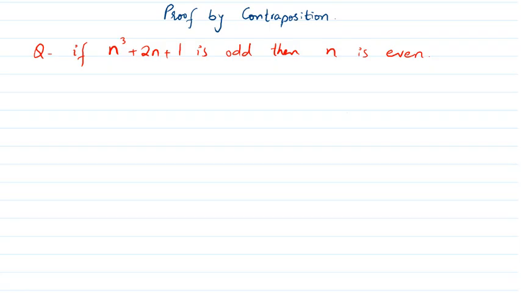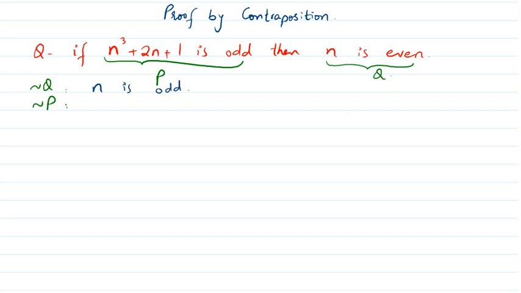So again, this is P and this one is Q. Not of Q is going to be n is odd. Not of P is going to be n cube plus 2n plus 1 is even.